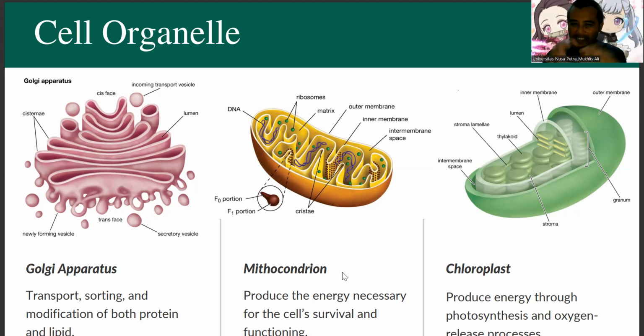So in the mitochondrion, mostly it produces glucose from carbohydrates and delivers it as energy for the cell. And the last one is the chloroplast.